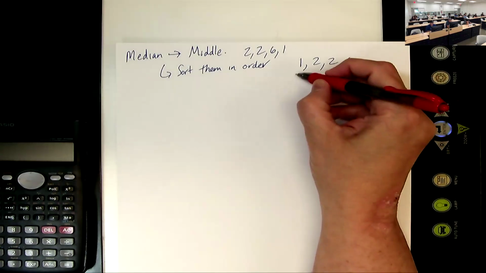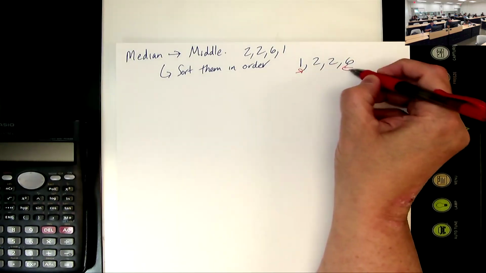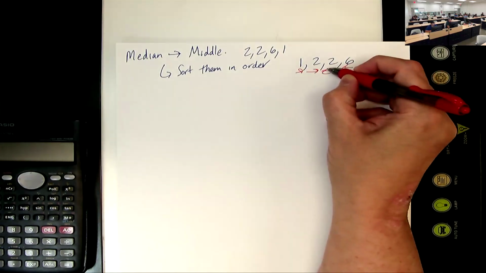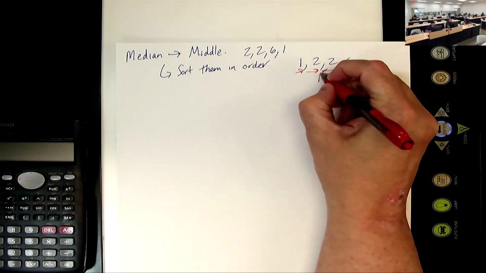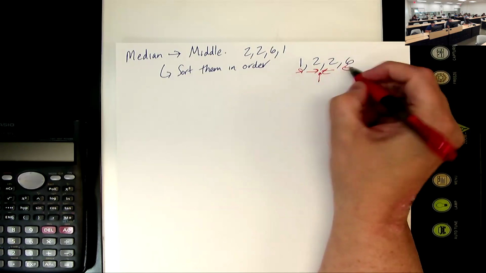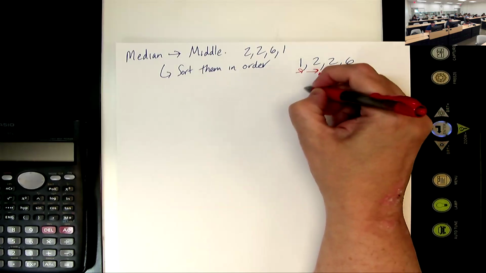All right, so basically finding the middle is going in one at a time. If you get it where it's not pointing at a number in the middle, what you're going to do is take the average of the middle two.